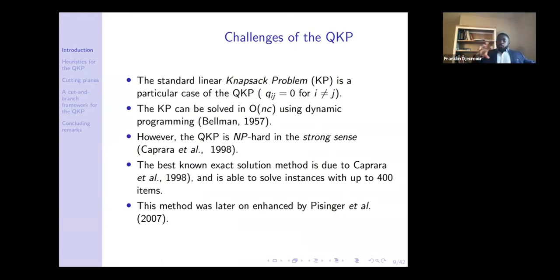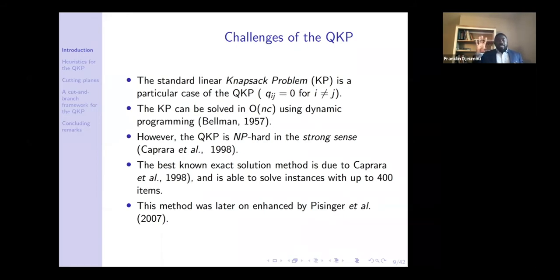there were few algorithms that existed already for solving the quadratic knapsack problem. And one of the most powerful ones is by Caprara and co-authors. The algorithm is based on Lagrangian relaxation and some greedy heuristic to find feasible solutions. But this algorithm, although it's very powerful, can only solve problems with up to 400 items.